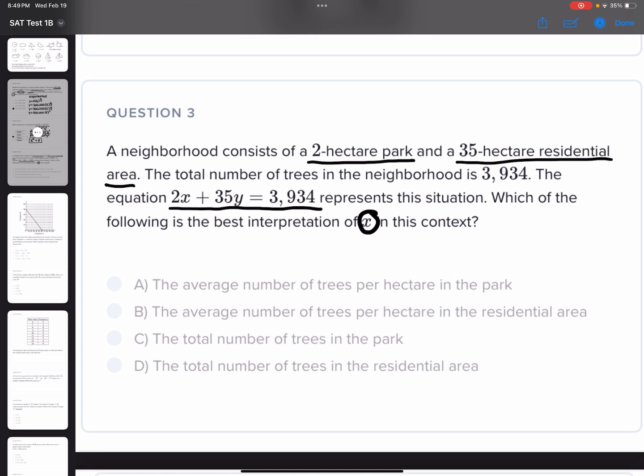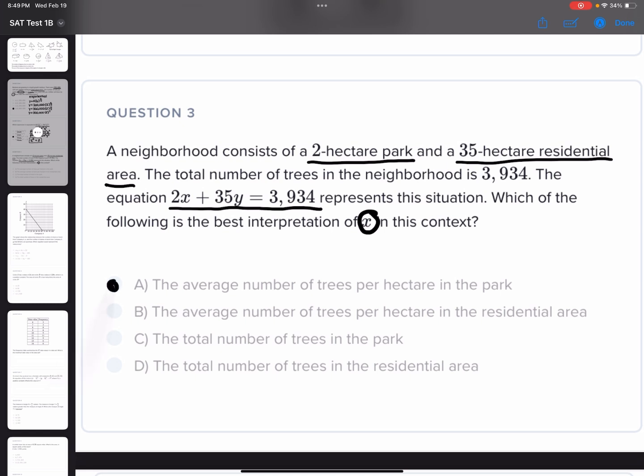So C can't be the right answer because the total number of trees can be calculated by the size of that park and the average number of trees per hectare in that park. Therefore, if we multiply that average by 2, we would get the actual value of the entire park altogether.